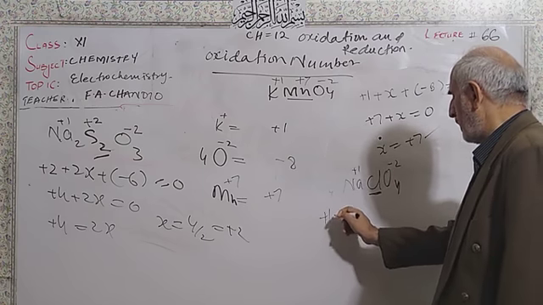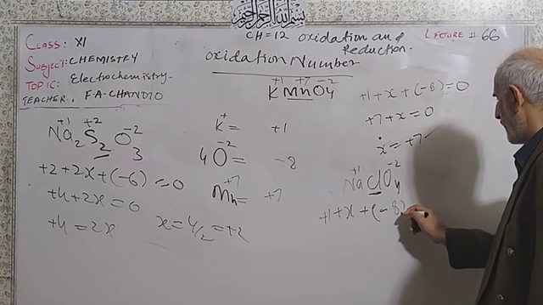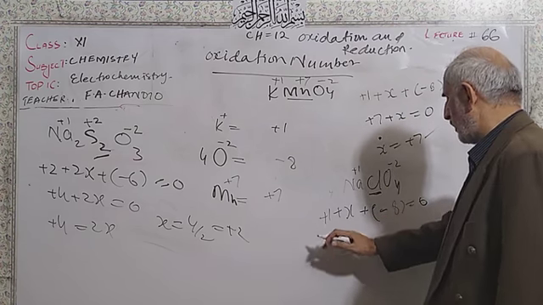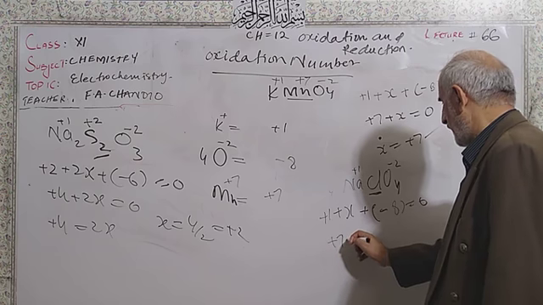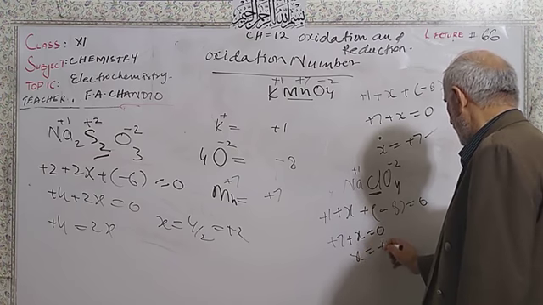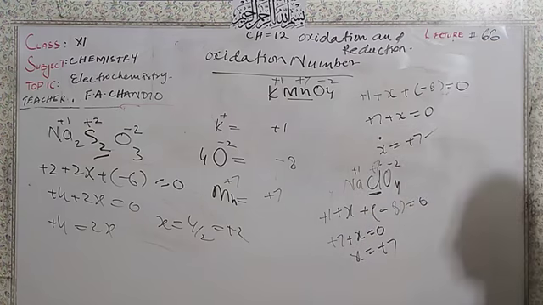So this is plus 1 plus x and minus 2 multiplied by 4, minus 8, is equal to 0. So this is the minus 8 and this is a plus 1. It should be a plus 7. Plus x is equal to 0. So x will be equal to plus 7. That's why on the chlorine there is oxidation number plus 7.